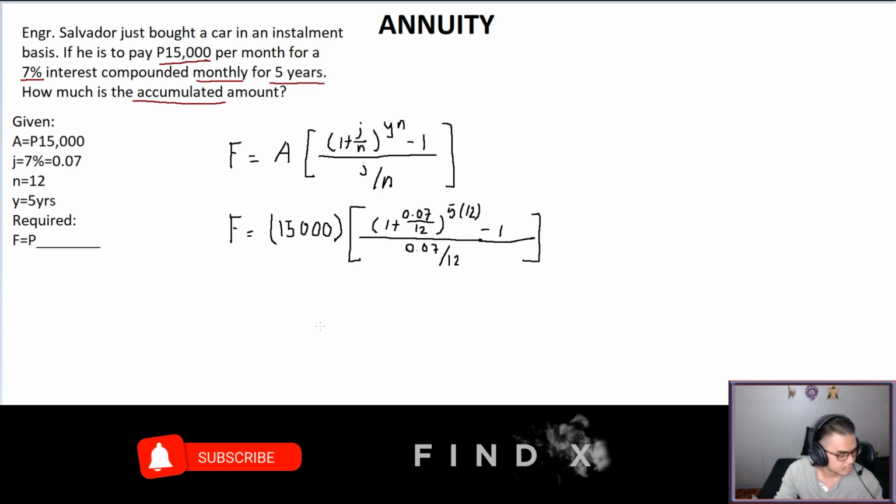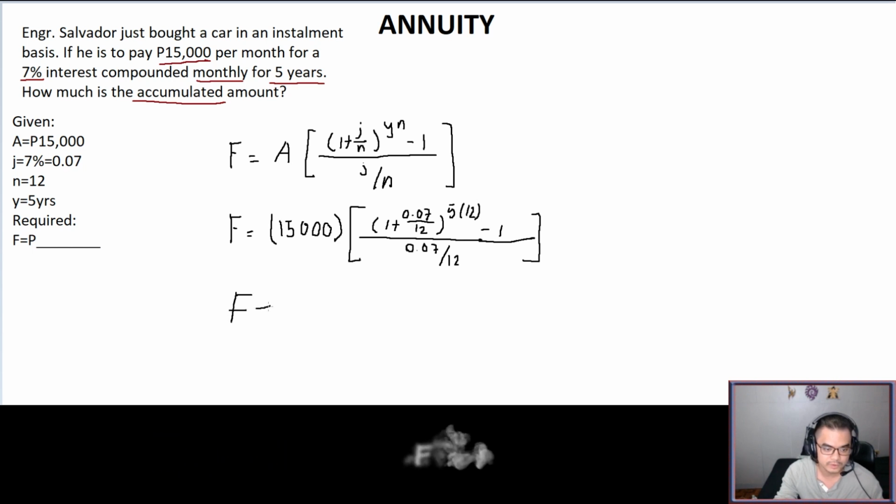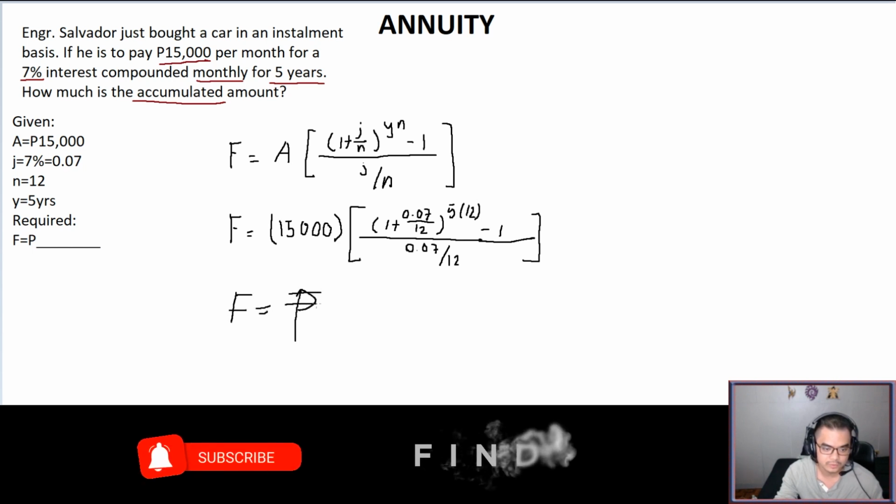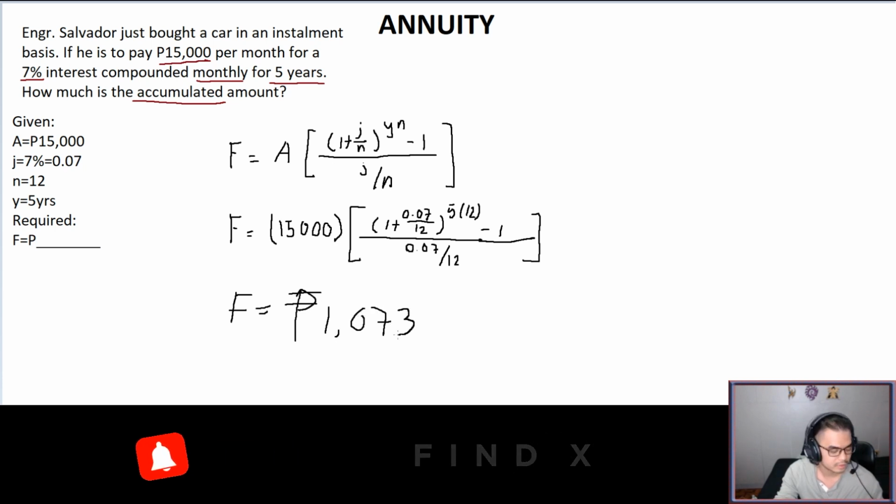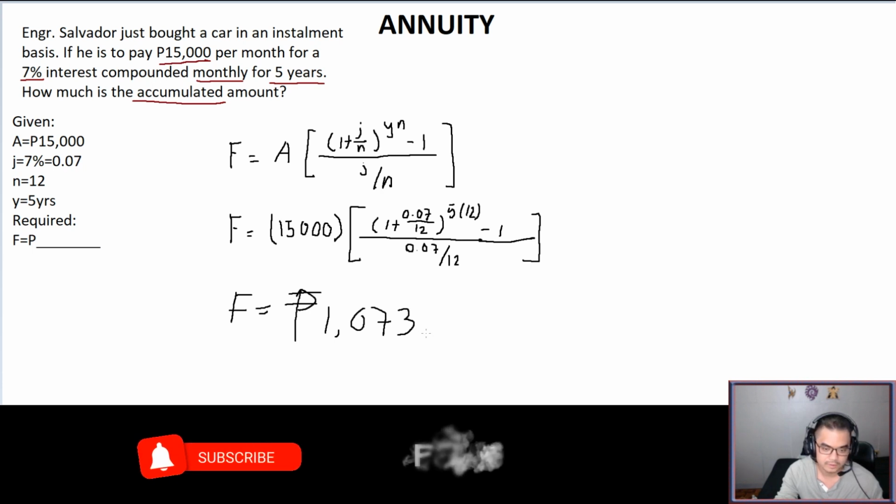No, that's not 107, that is 1 million. So your future value now will be equal to 1,073,038,950.524.